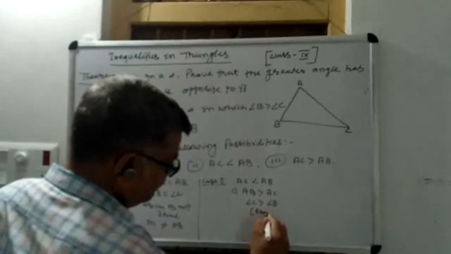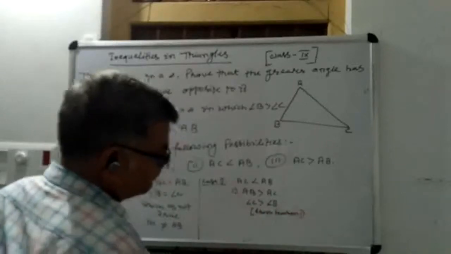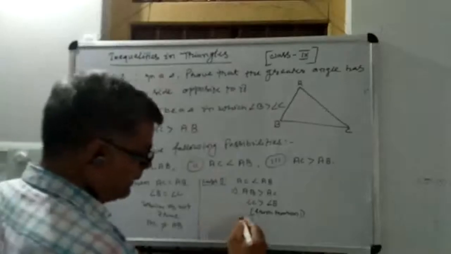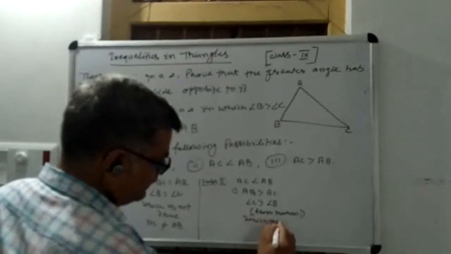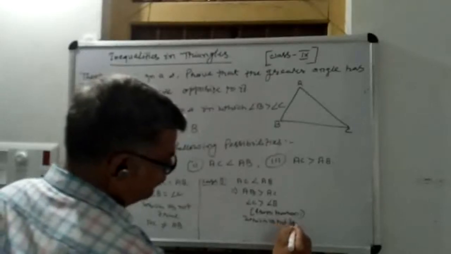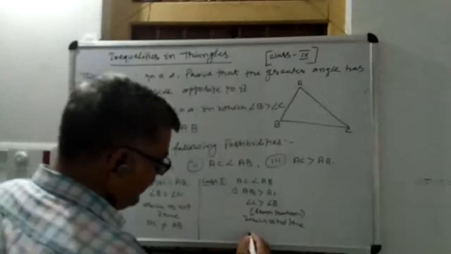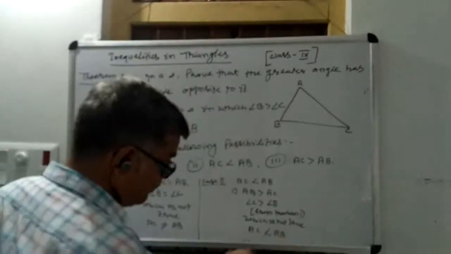So this is also not true. Angle B is greater than angle C, which is not true. It means that AC is smaller than AB is wrong.